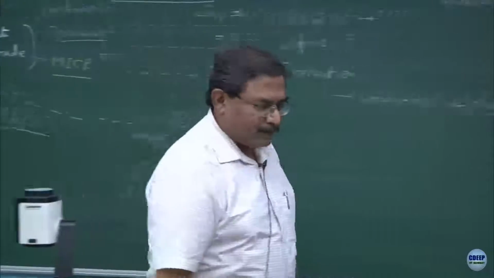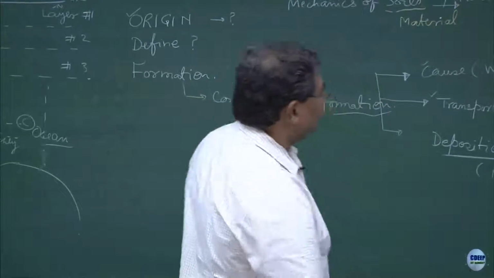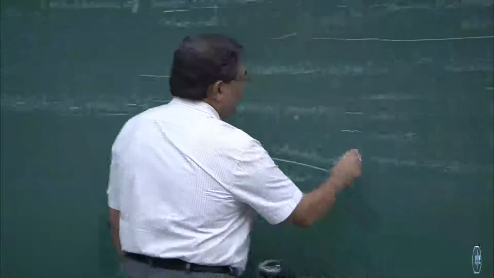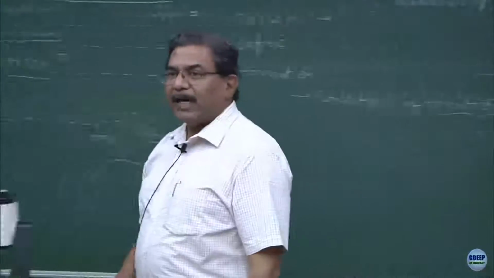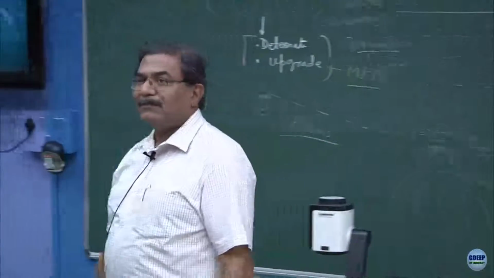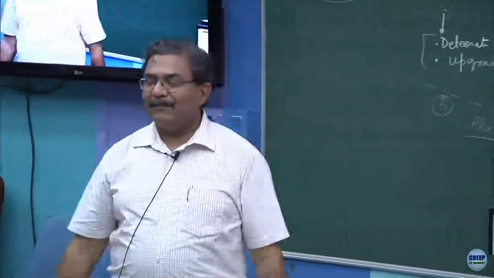I just wanted to provoke your thoughts. What are humans doing? I want to create a Taj Mahal in Bombay, Antilia. From where did I get all the materials, the geomaterials?